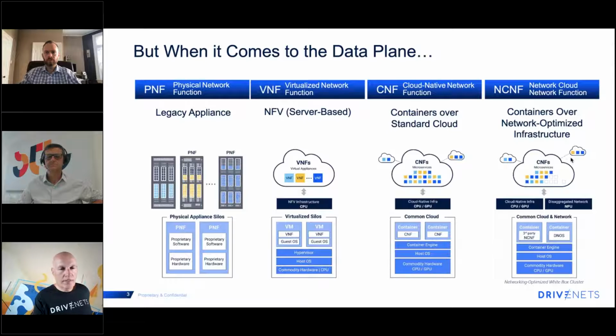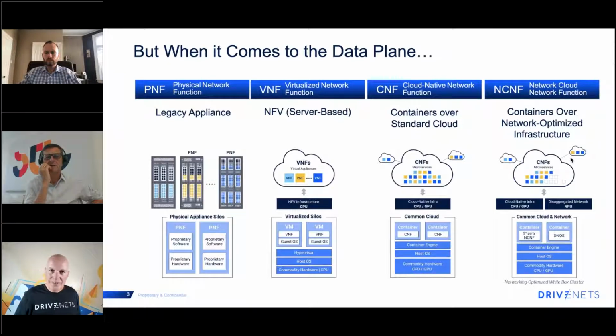Because if you put the data plane functions on servers, like everyone tried to do a couple of decades ago, moving from PNFs to VNFs, moving from the physical network functions, routers and appliances, and dedicated hardware, towards an open and disaggregated network function on a server approach, it became evident then that this becomes a scalability issue.